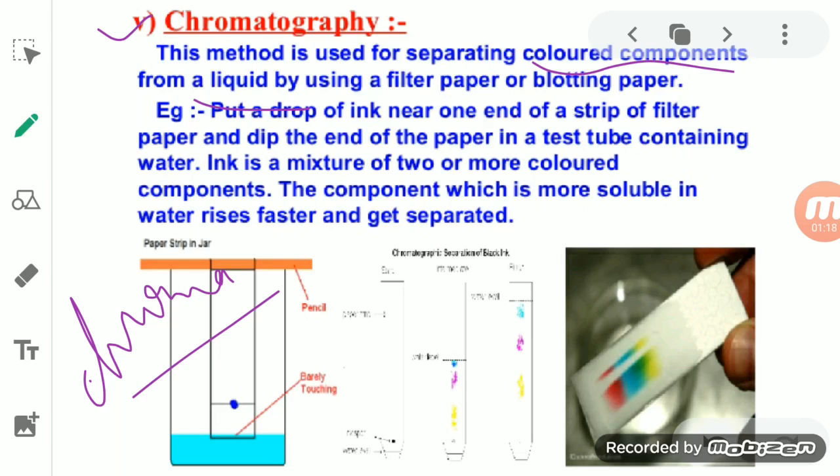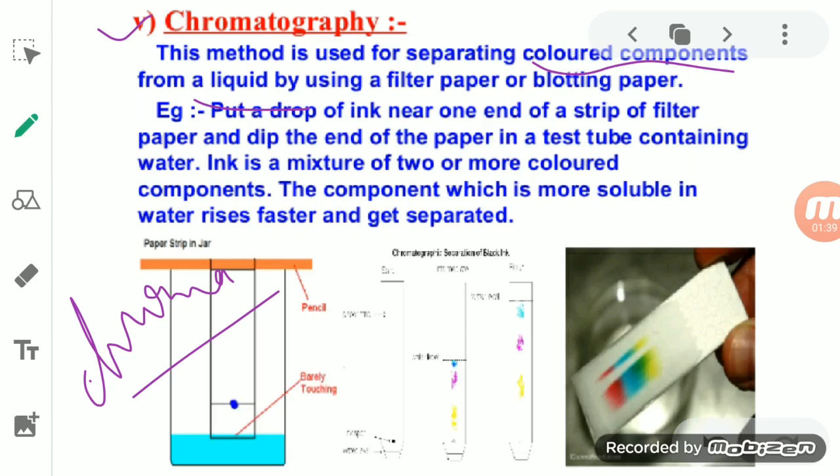So basically this method is used for separating the color components from the liquid with the help of chromatography paper, or you can use a filter paper or a blotting paper also.